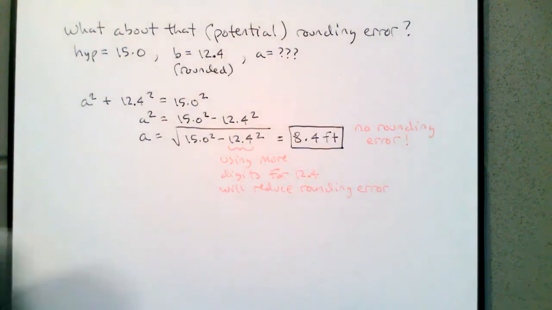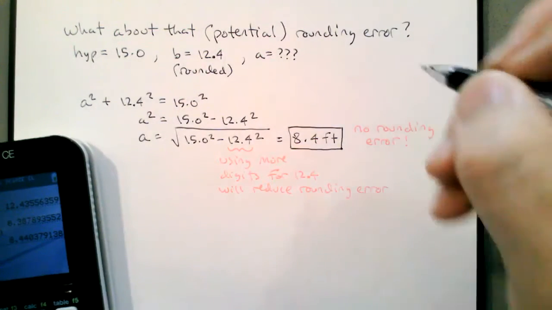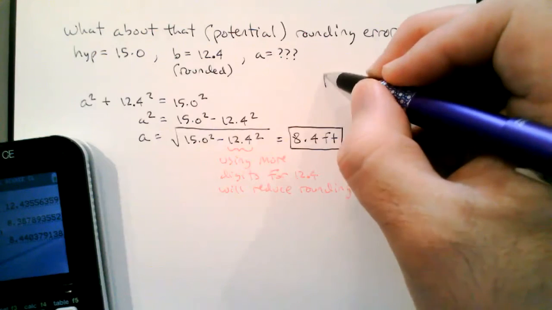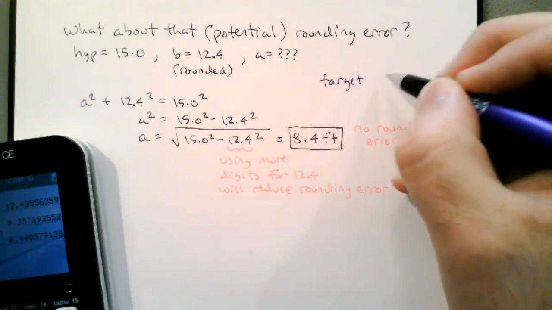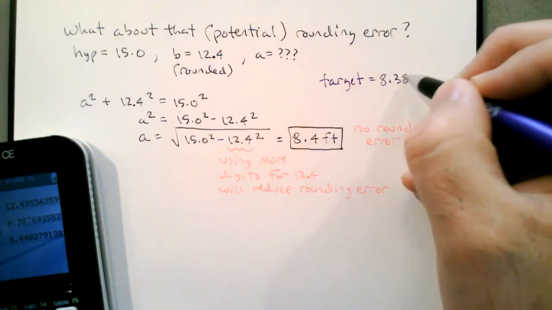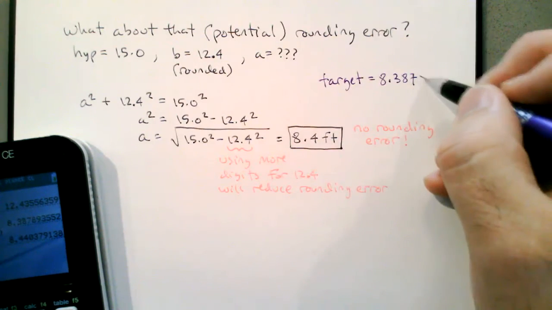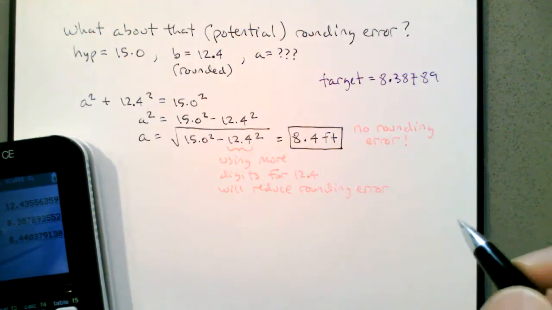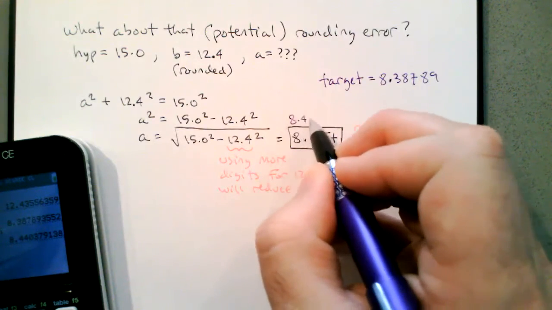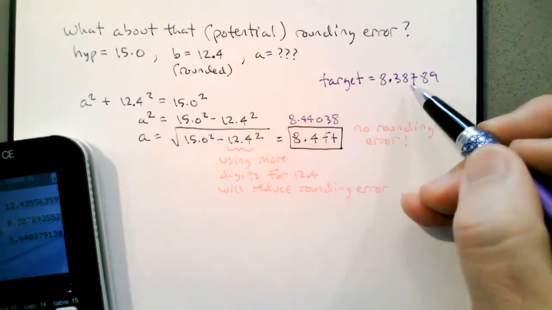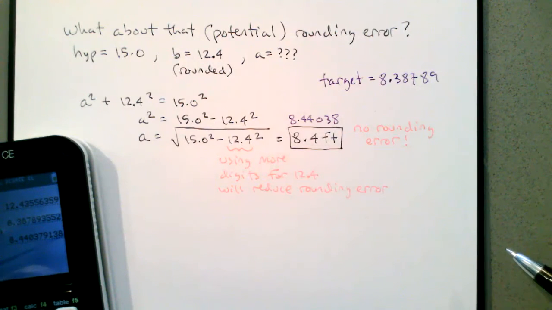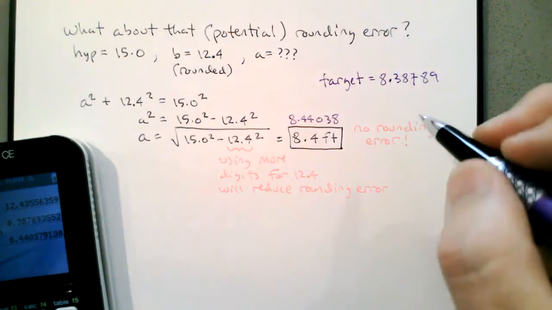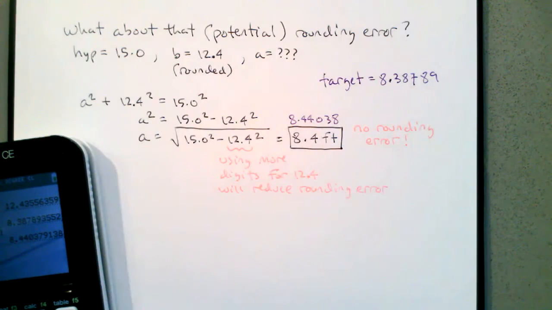So remember my target value is 8.38789. This 8.4 was actually 8.44038, a little bit off target. The more digits that we use in the 12.4, the more on target we would be. In this case, it was close enough.